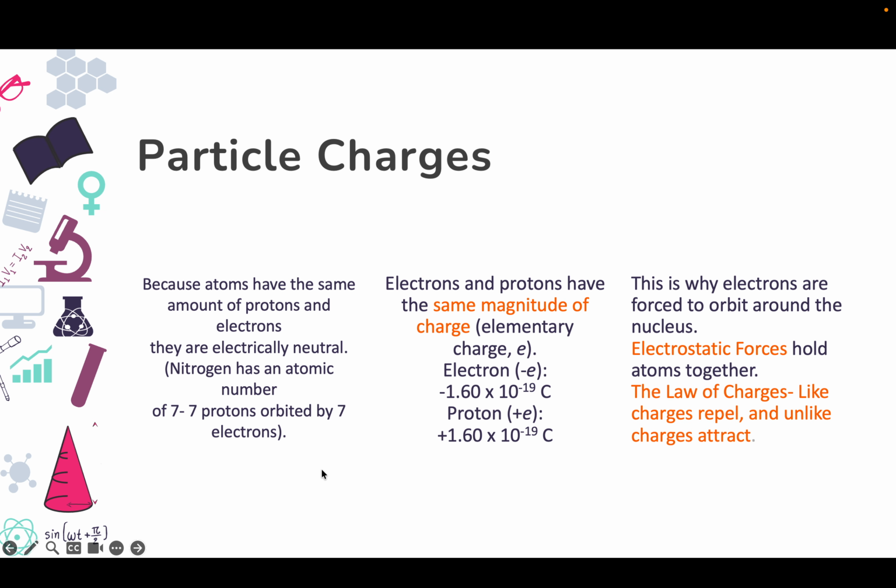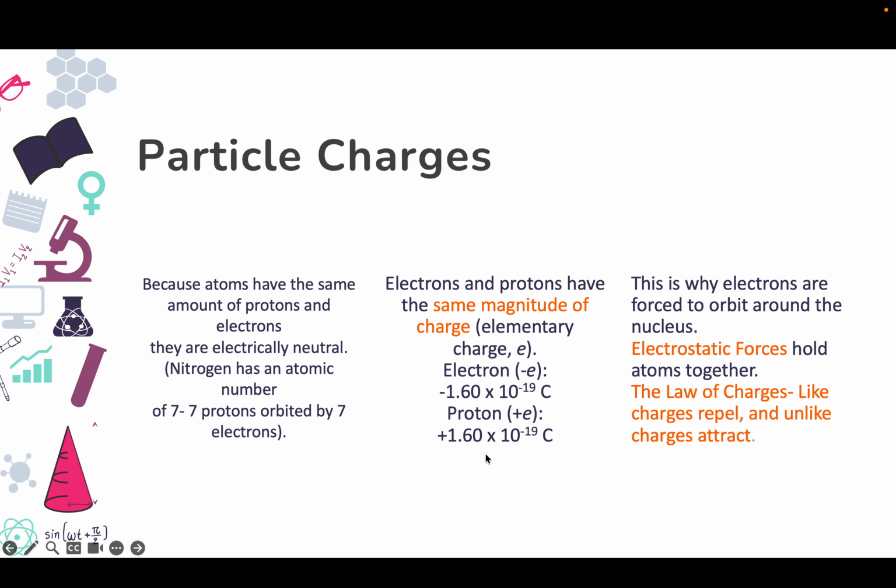So because atoms have the same amount of protons and electrons, they tend to be electrically neutral. For example, nitrogen has an atomic number of 7, which means 7 protons orbited by 7 electrons. Electrons and protons have the same magnitude of charge, and we know that the elementary charge, or the quantity or the value of charge, for an electron is negative 1.6 times 10 to the negative 19 coulomb.